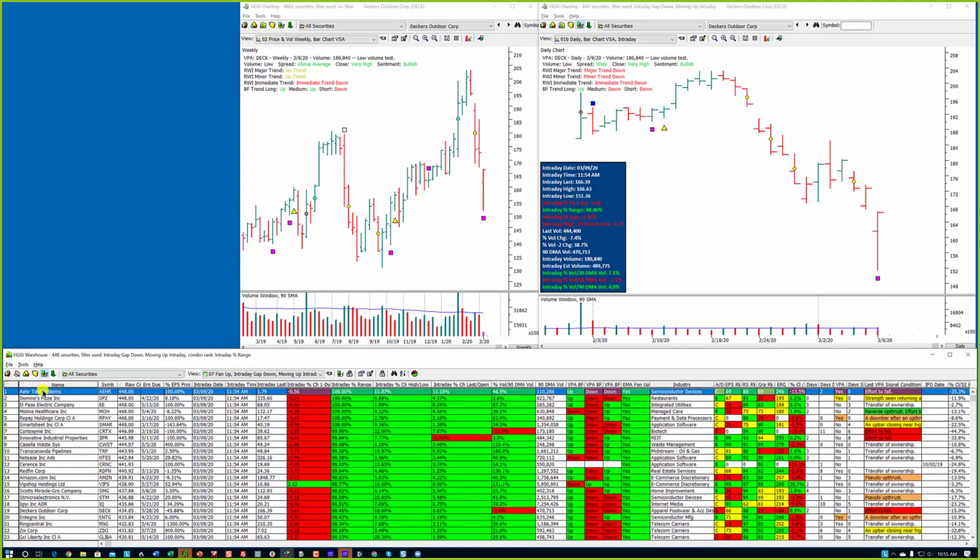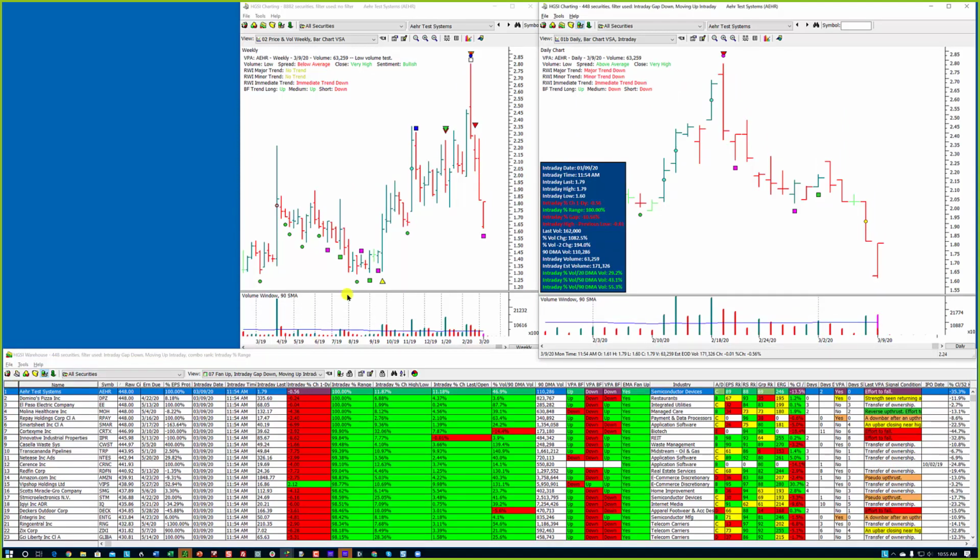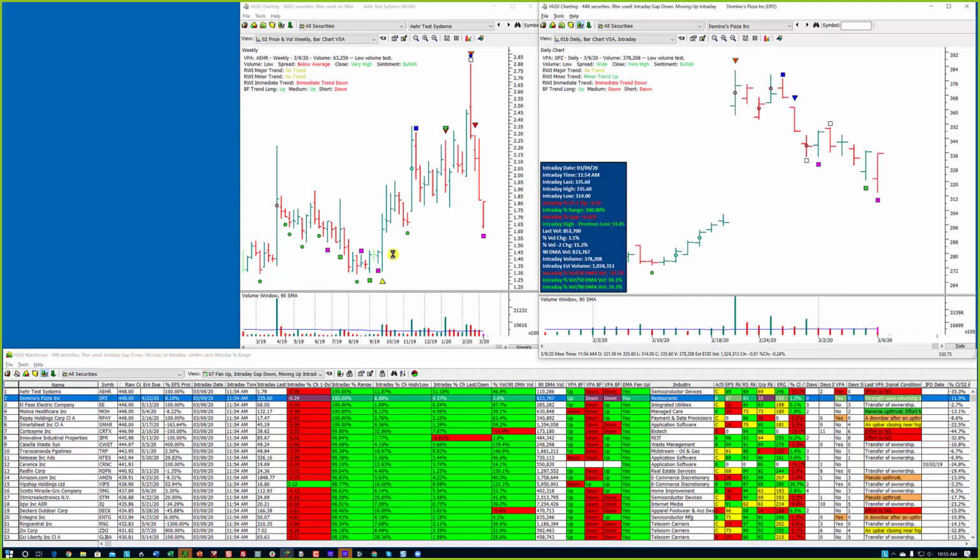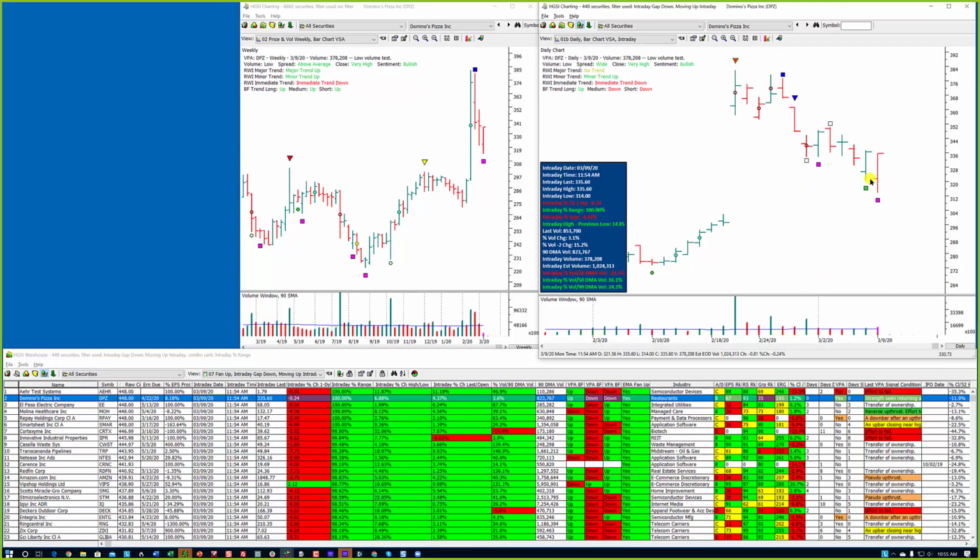Okay, let me go back to the top. How about Domino's? So here's your gap down, traded down to here. Once it moves up 2% from the low, might as well.